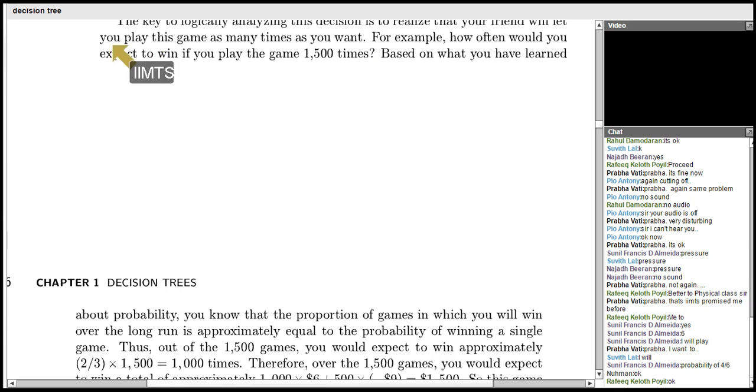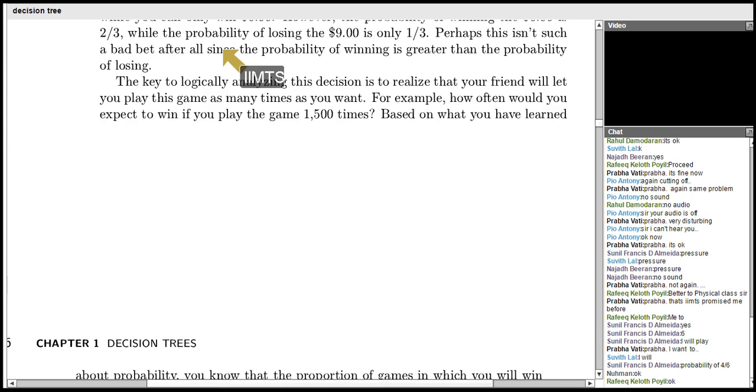Now, the key to logically analyzing this decision is to realize that your friend will let you play the game as many times as possible, which means your chances of winning is high. So that is why your friend lets you play it as many times as possible.